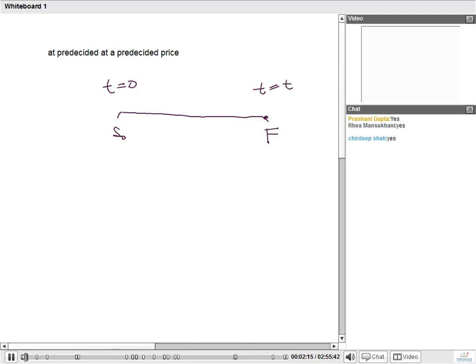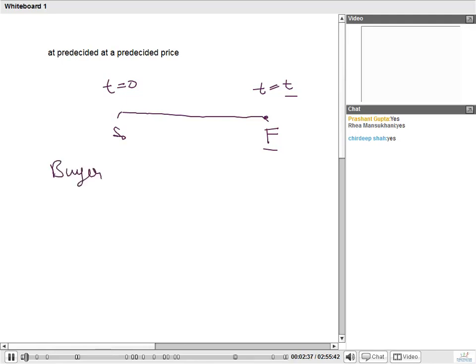So two counterparties are getting into an agreement to exchange this asset at a price of f at a time t from now. The question is, what is the fair f that the buyer and seller will agree upon? Now let's look at it from the buyer's perspective.